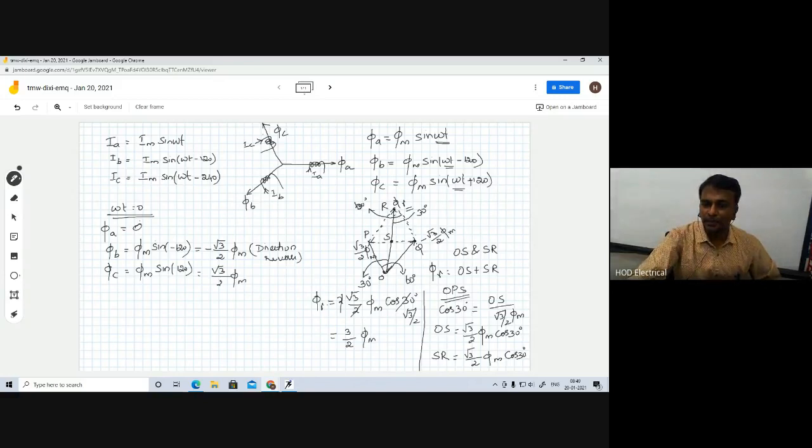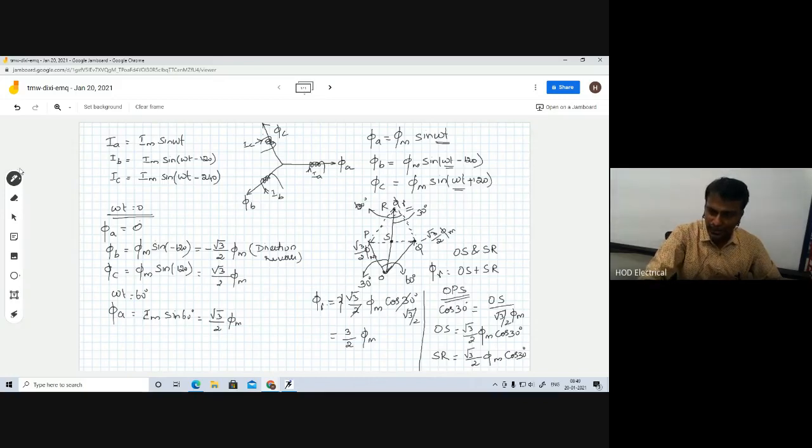For example, now omega t equal to 60 degrees. If omega t equals 60 degrees, what happened? Phi a is nothing but phi m into sine of 60 degrees. Therefore, we can write it as root 3 by 2 phi m.